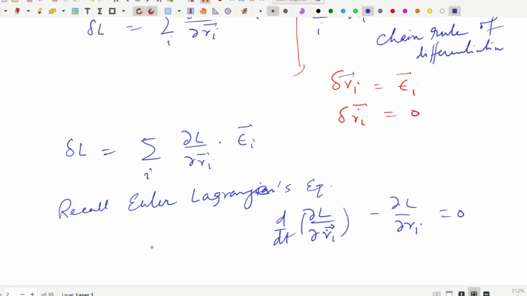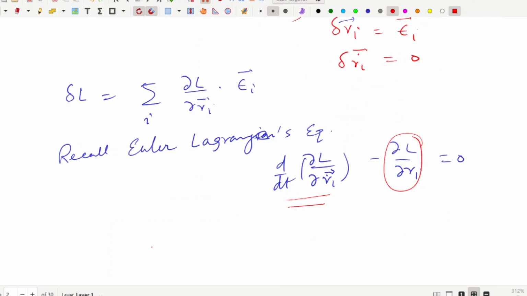So, I can substitute this del L del Ri in the above expression. So, using that, the variation of the Lagrangian delta L will be sum over i of d/dt of del L del Ri dot, dotted with epsilon i. Okay.